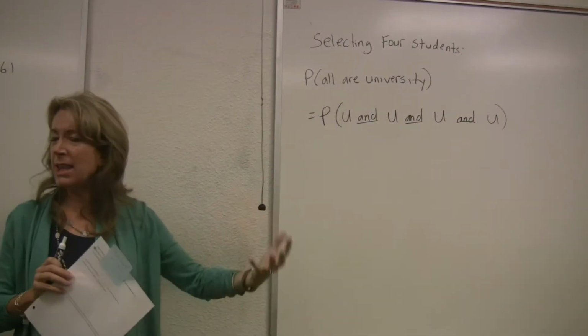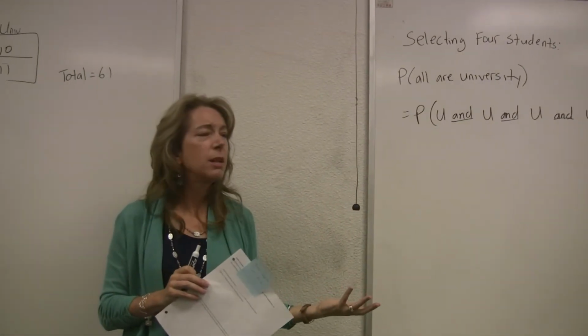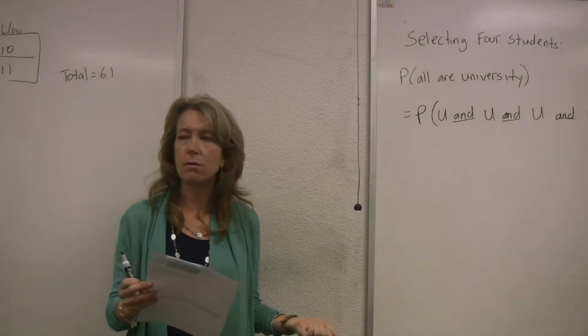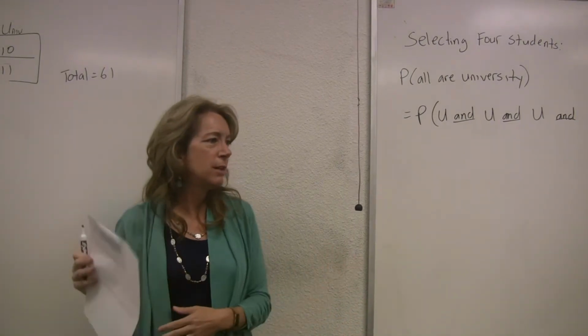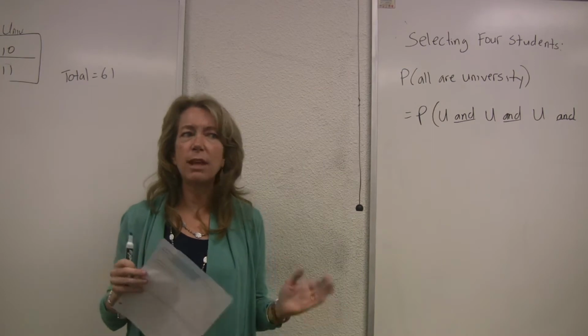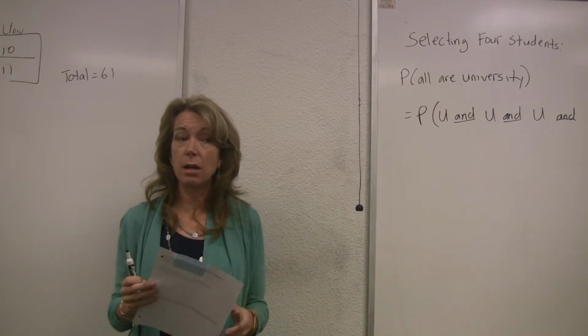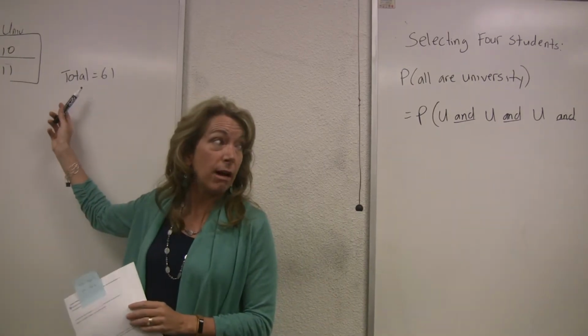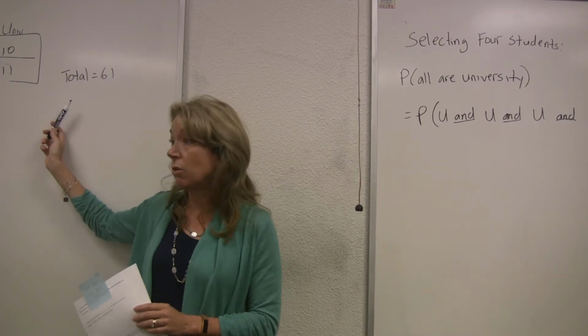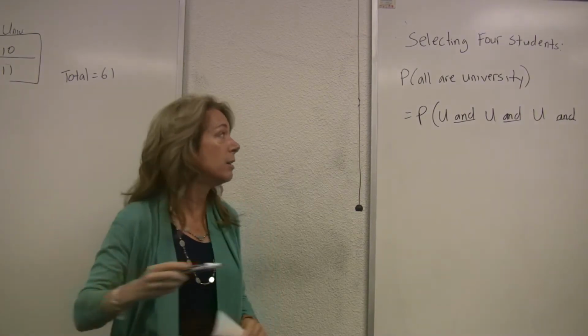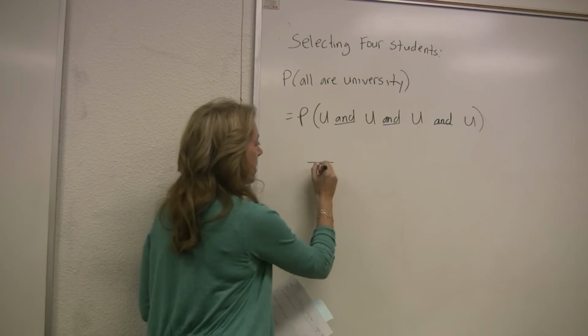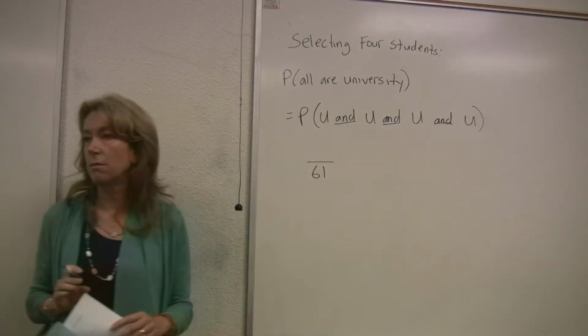Now, do we know anything in advance about this person that we want to be a university student? No. Do we know it's male? Do we know it's female? Do we know anything? So then what's my denominator? 61. 61, the first time I reach in to grab the student, right? Because there's 61 total. There's nothing that was given here. So for my first student, there are 61 students to choose from.